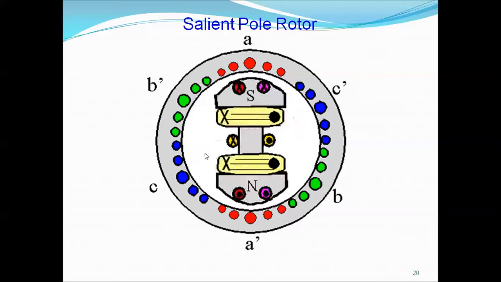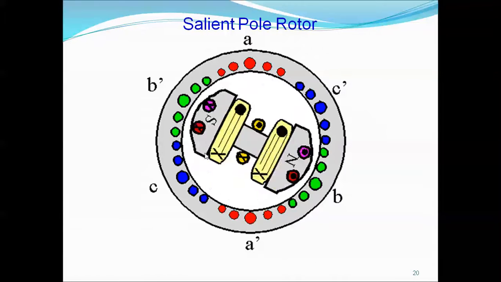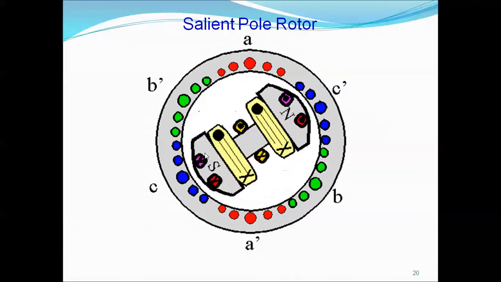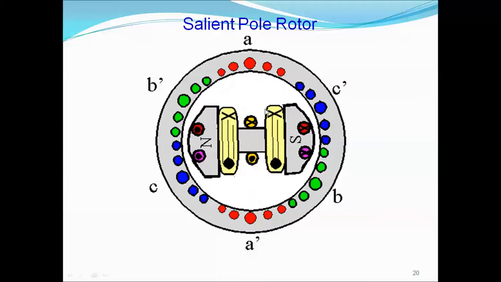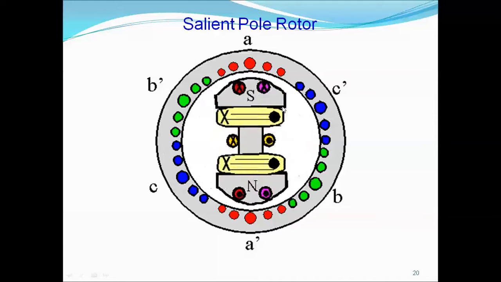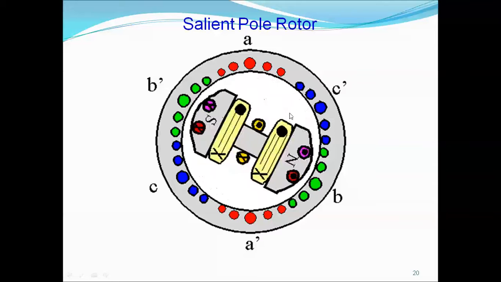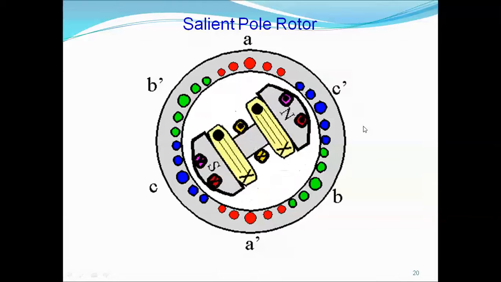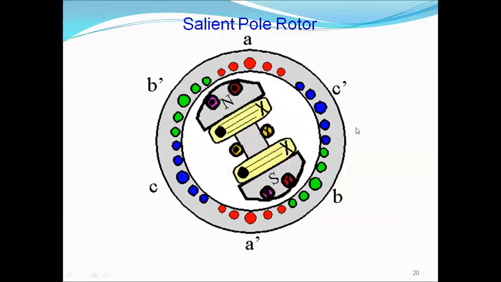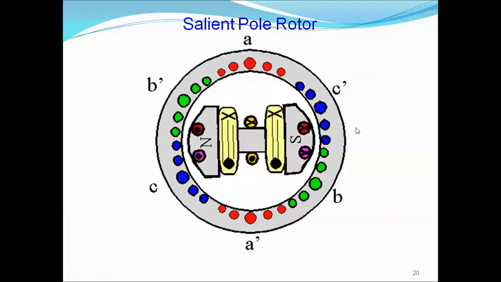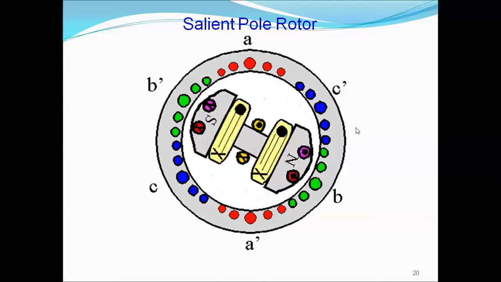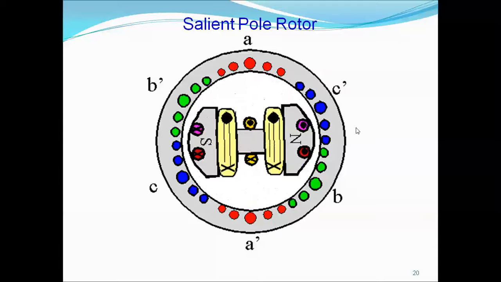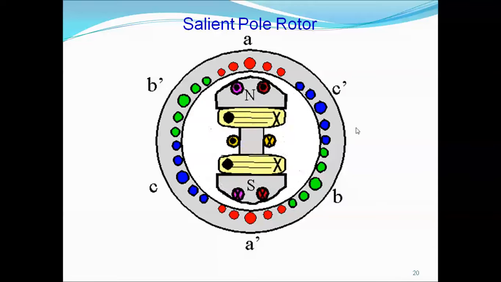The pole faces are usually provided with slots for the damper winding. See here, this one is the damper winding on the poles. The damper windings are short circuited by end rings at both ends. These damper windings are used to prevent hunting and to provide high starting torque.